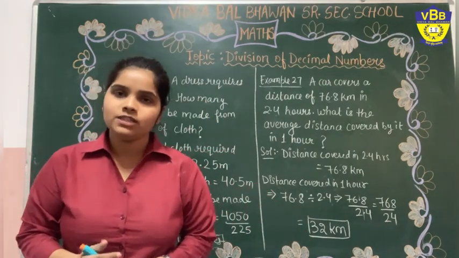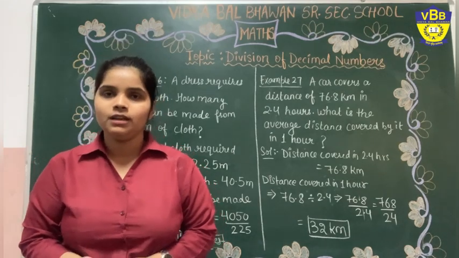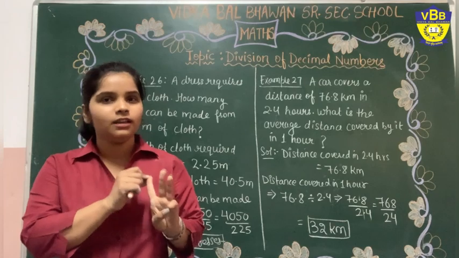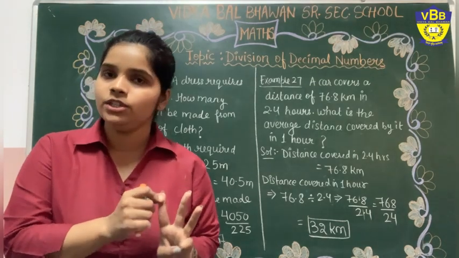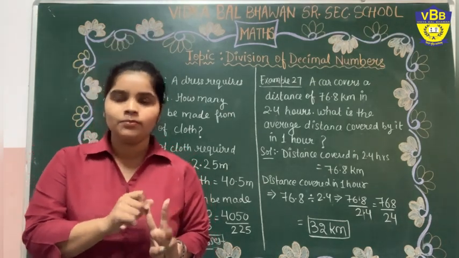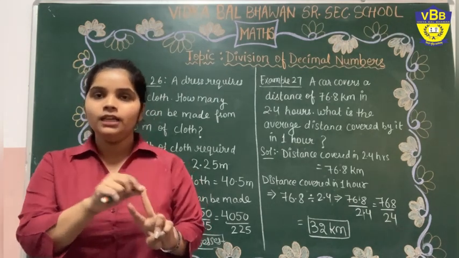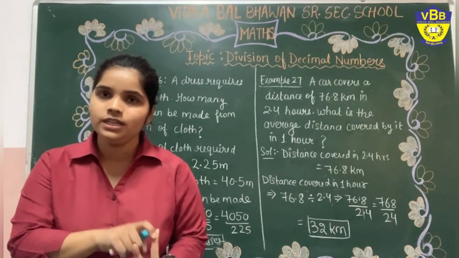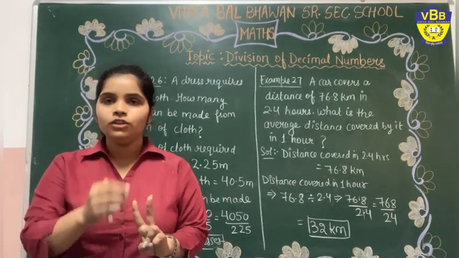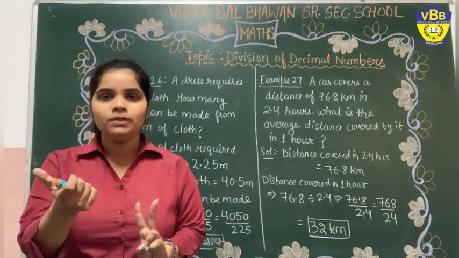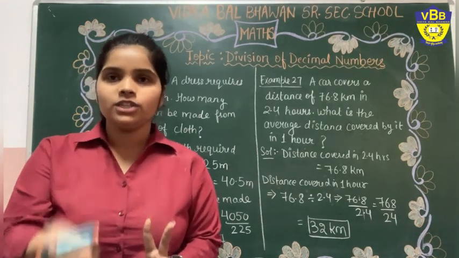So we have studied division of decimal numbers in 3 categories. First, division of a decimal number by 10, 100 and 1000. In that we simply shift the decimal to the left side. Second, division of a decimal number by a whole number. For that, ignore the decimal sign initially. In the final answer, place the decimal according to the decimal places given in the question.